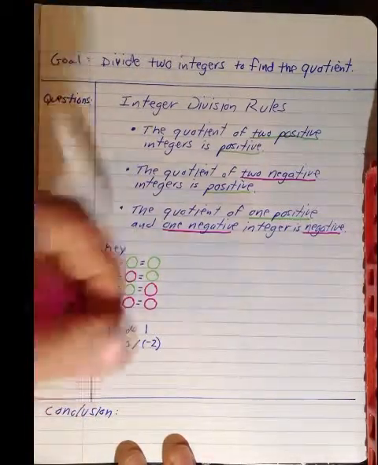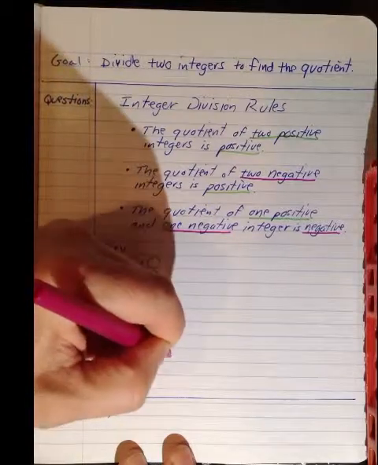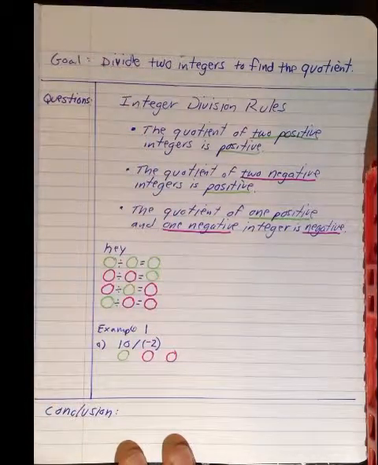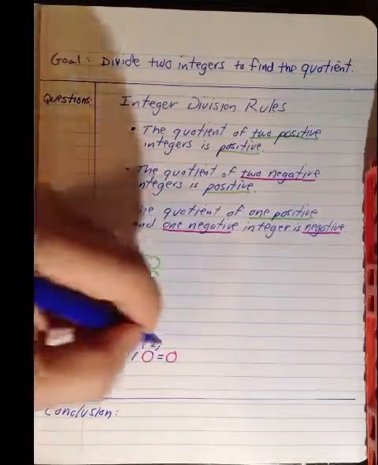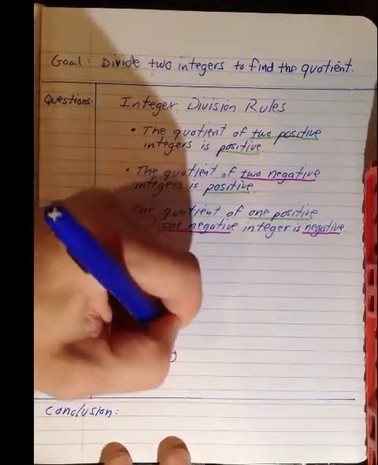So 10 divided by negative 2 is a positive divided by a negative, and that will have a negative answer. So that's negative 5.